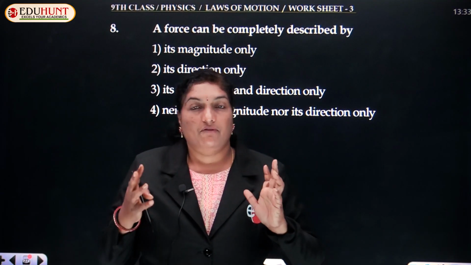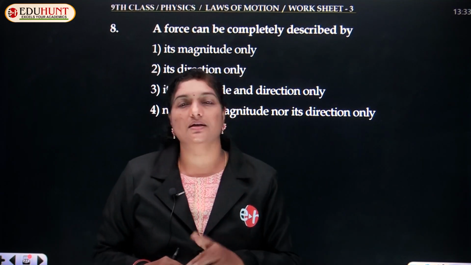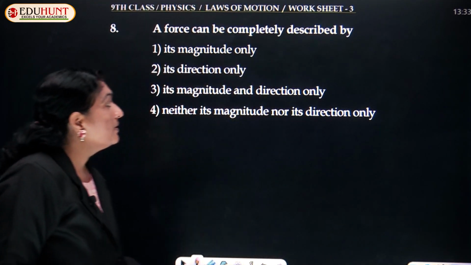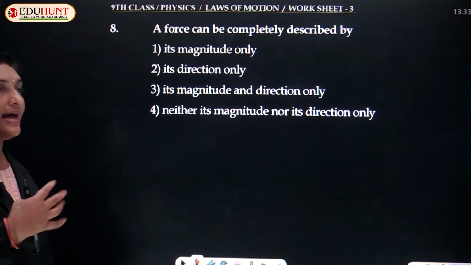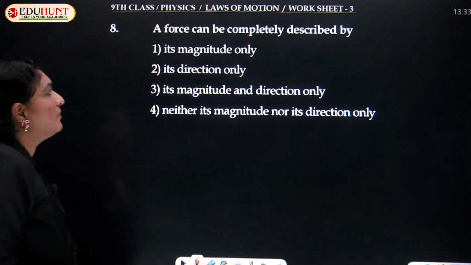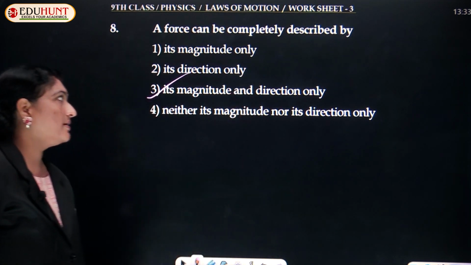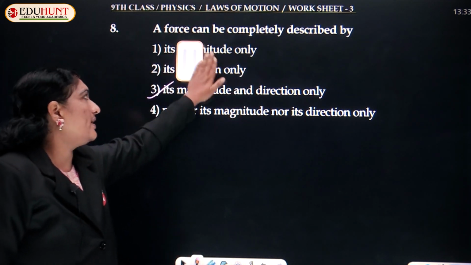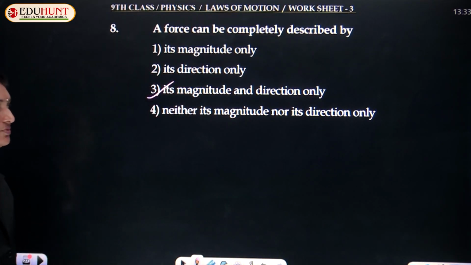A physical quantity which has both magnitude as well as direction is defined as a vector quantity. So force can be completely described by its magnitude as well as direction. Not only magnitude, not only direction, but both. So option 3 must be true, children.